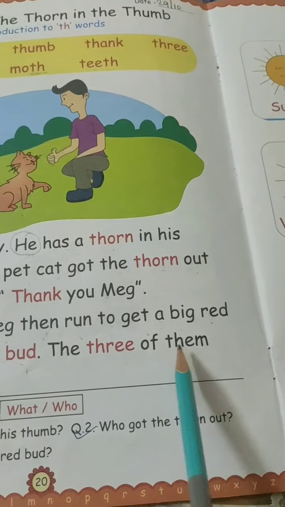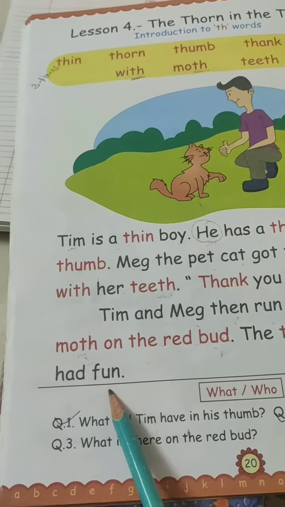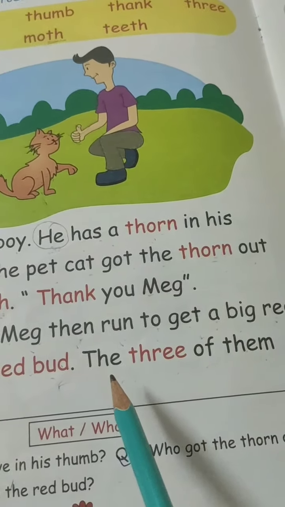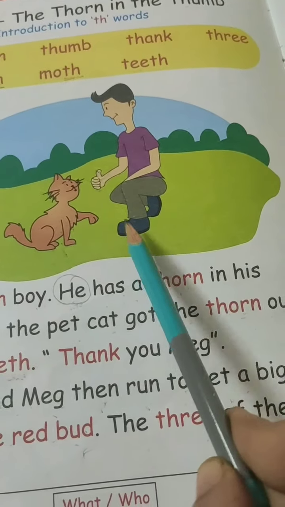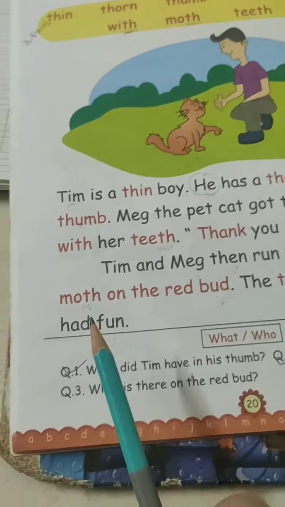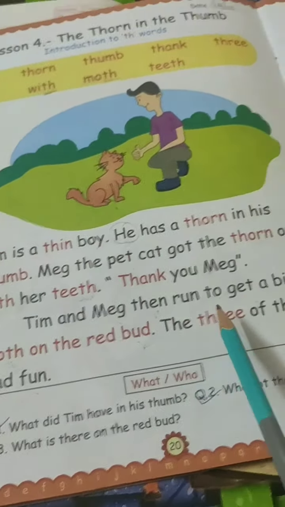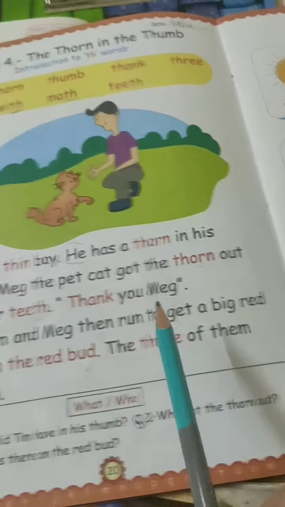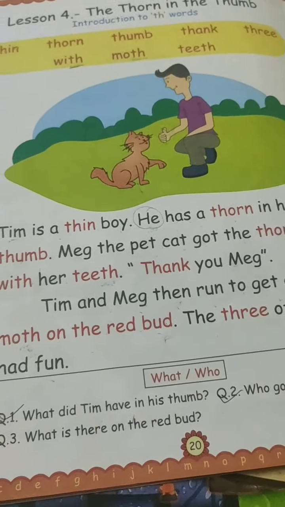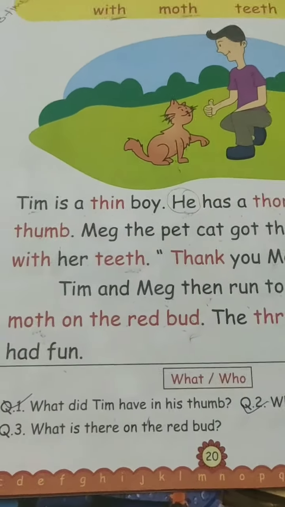The 3 of them had fun. Who are the 3? Tim, Meg and the red moth. The 3 of them had fun. Got it everyone? Okay, now let's see the question answer.